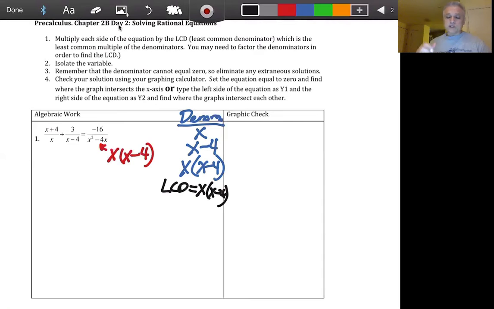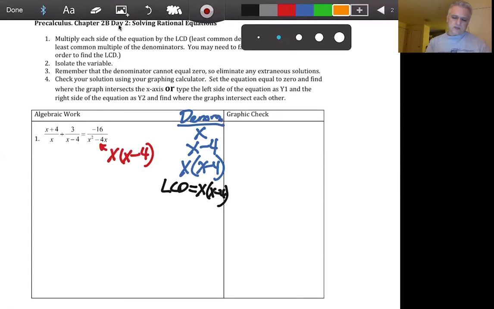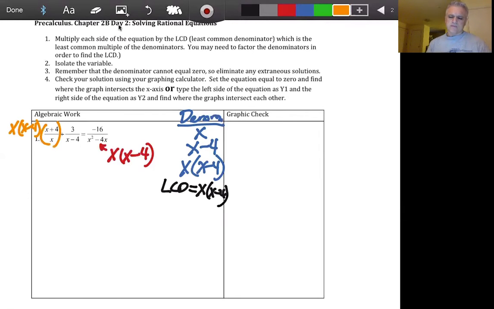All right, so I'm going to multiply all three of these fractions, all three separate terms, by this LCD. So x times x minus 4, and multiply that by the first guy. And I'm also going to multiply it by the second guy.